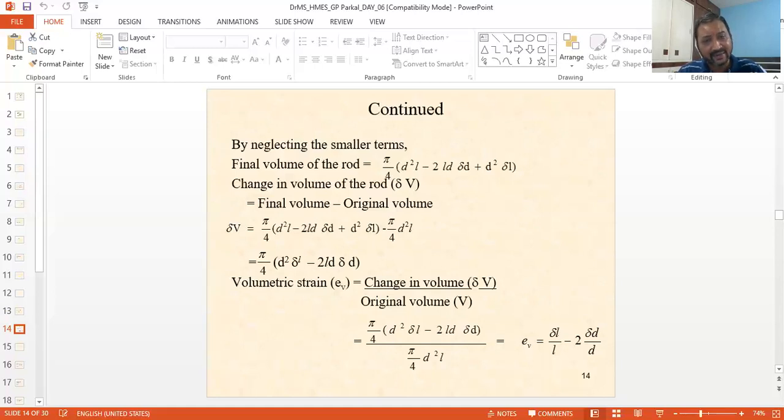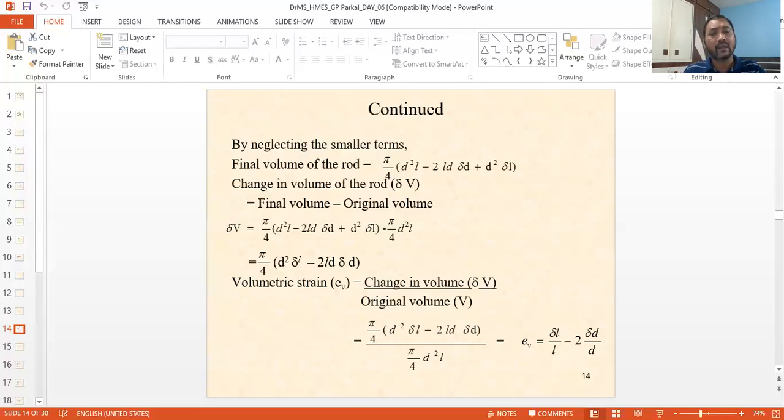If we neglect those terms, the final volume of the rod becomes pi by 4 into [d square into L minus 2 L d into delta D plus d square into delta L].